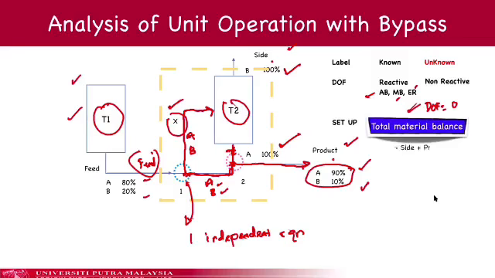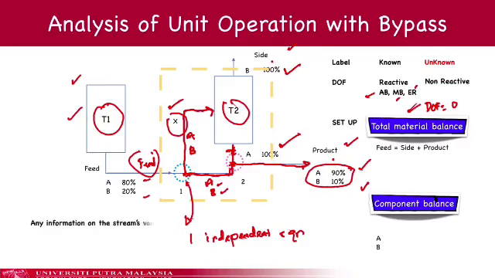Then start by solving the equations with DOF equal to 0. Start with your total material balance, for example, feed equals side plus product, and do the component balance where you balance A and B. Also, to assist you in your DOF analysis, what other information do you need?